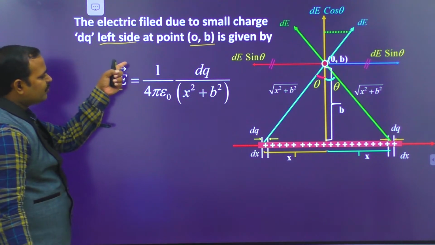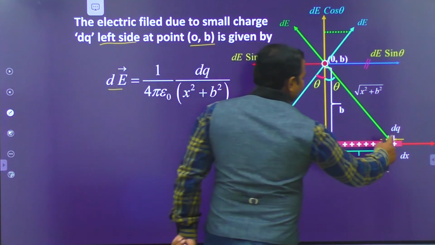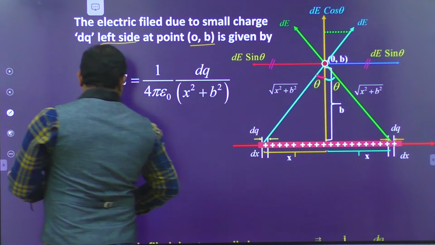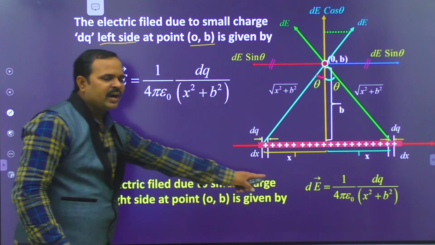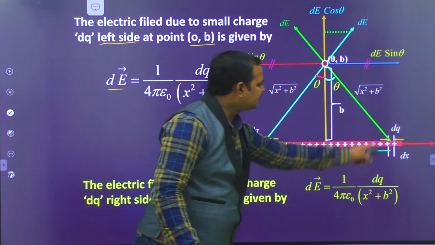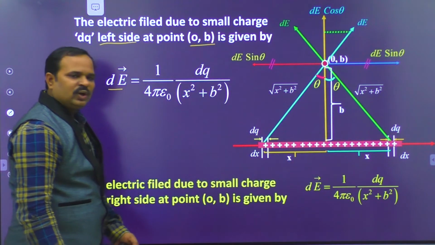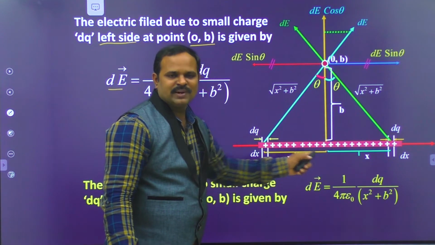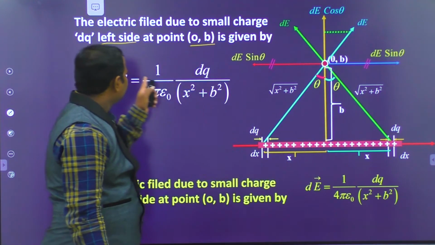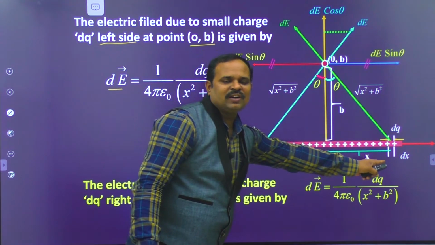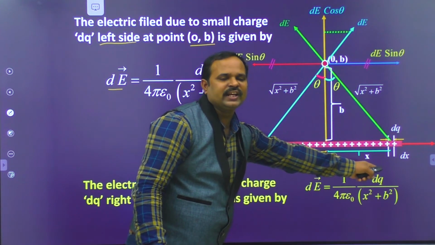Now similarly, the electric field produced by this dq on the right side at this point is dE = (1/4πε₀) dq/(x² + b²). Here also the distance is the same. Now we know that according to this diagram, because of symmetry, the magnitude of the electric field produced by this charge and the magnitude of the electric field produced by this charge are equal.